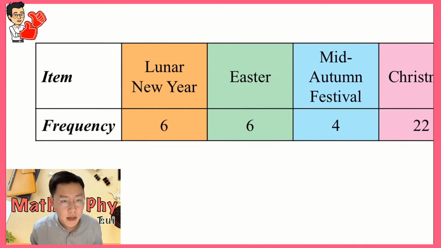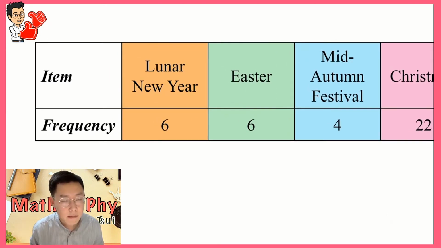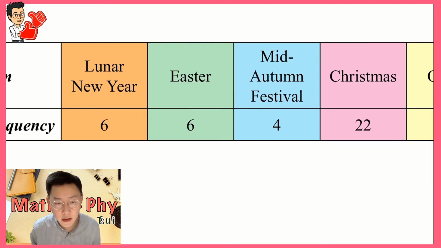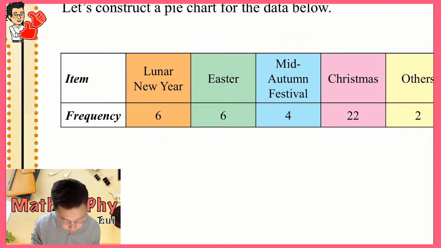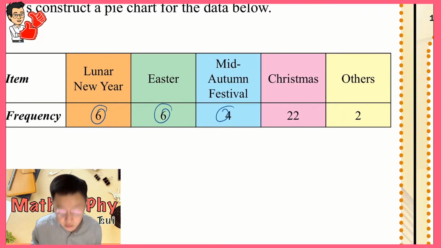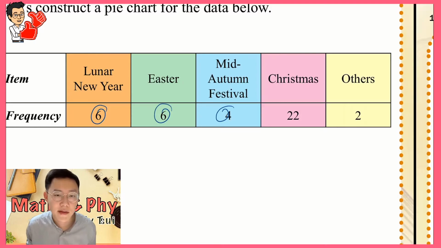For example, some students might like Lunar New Year, and some may like Easter holiday, and some may like Mid-Autumn Festival. So 6, 6, 4, and 22 and 2, and I don't know why most students like Christmas days.